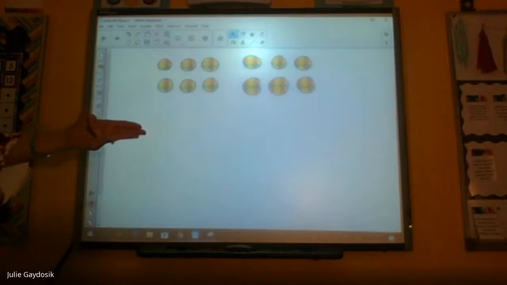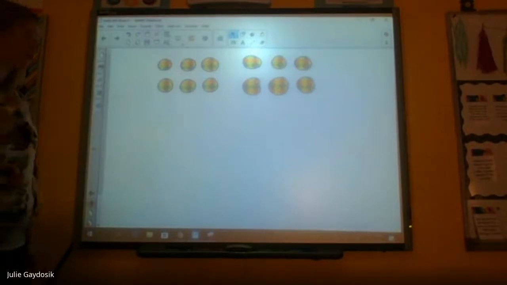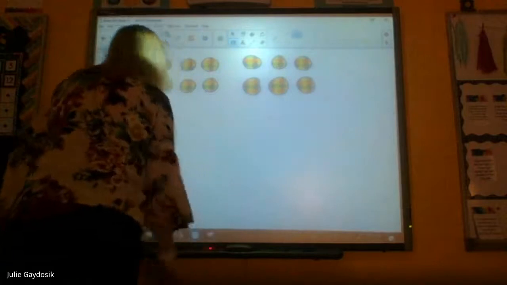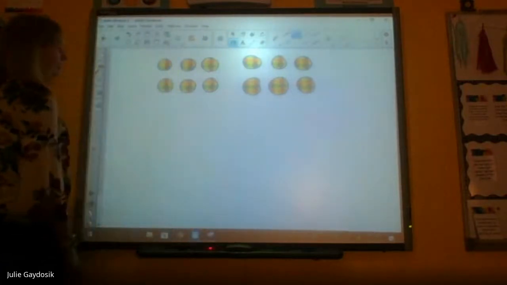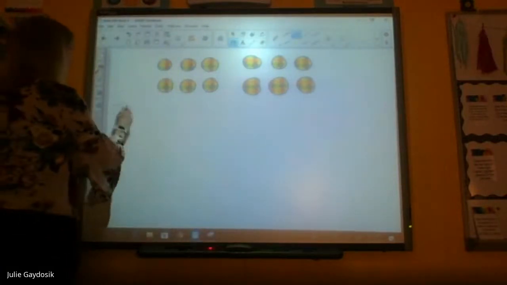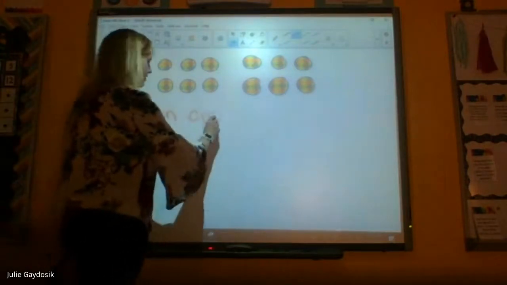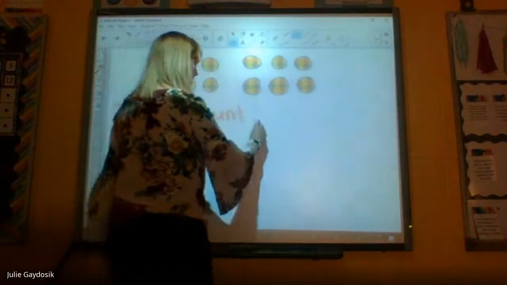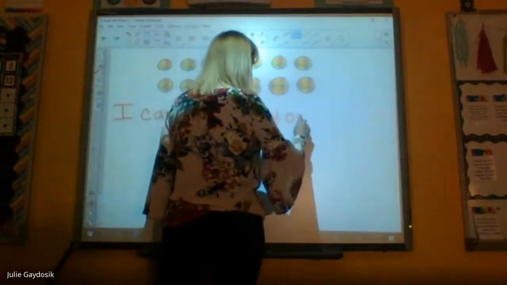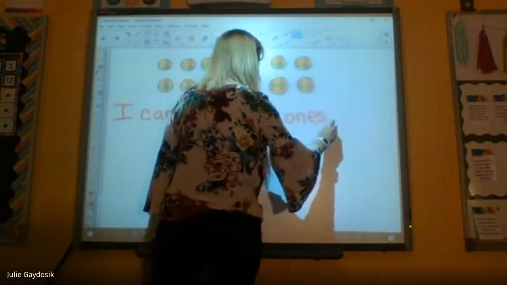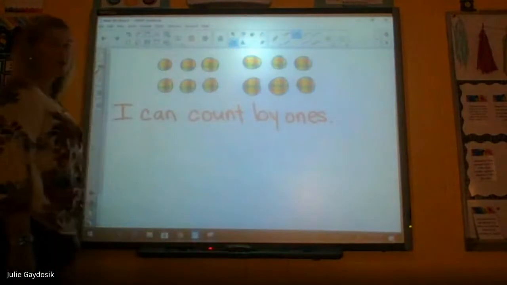Remember, if you need to, you can always hit pause. I thought of 3 ways I could count these objects. One way I thought I could count is I can count by ones, okay? So let's all count by ones together.